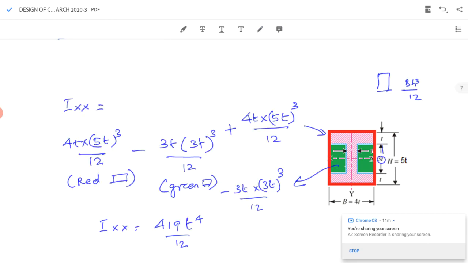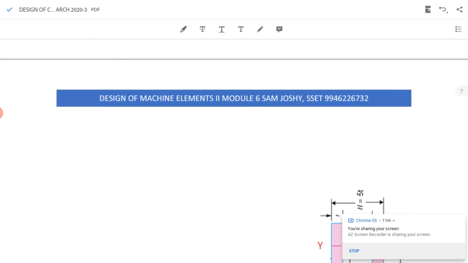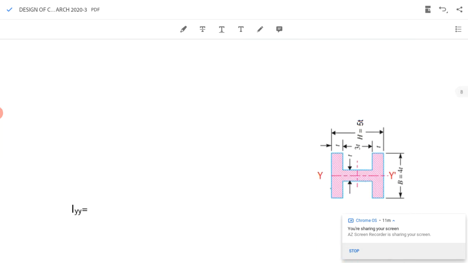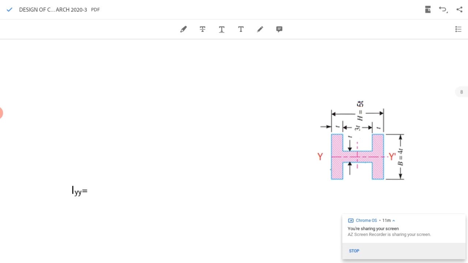Further, I need to find Iyy, because our aim is to find Ixx by Iyy. Now we will find Iyy. In order to find Iyy, I am inverting this section so that my new height will be 4t and width will be 5t.